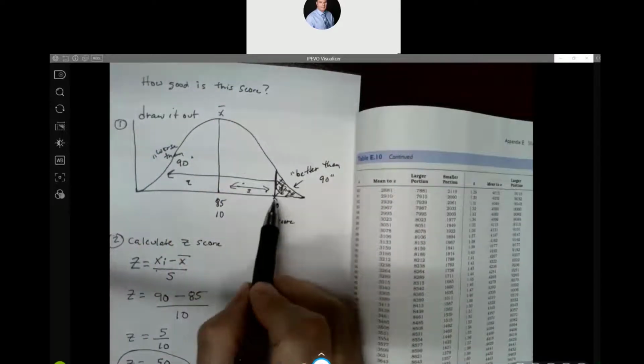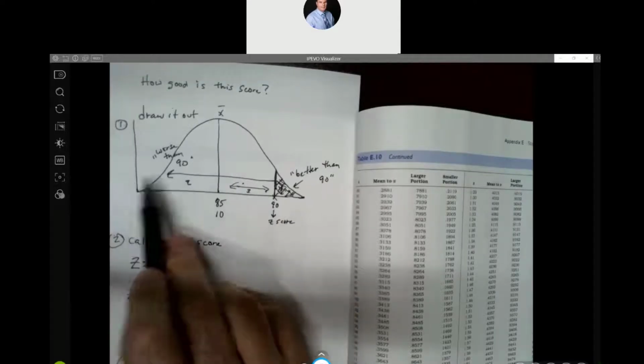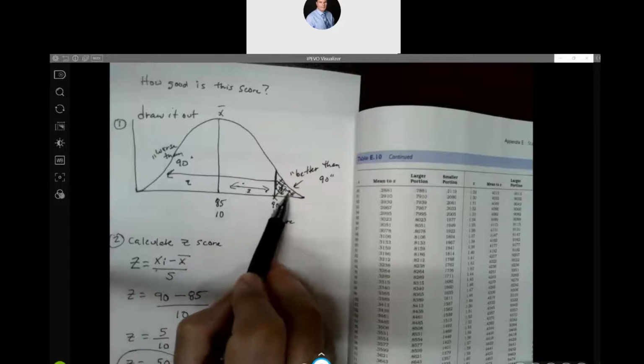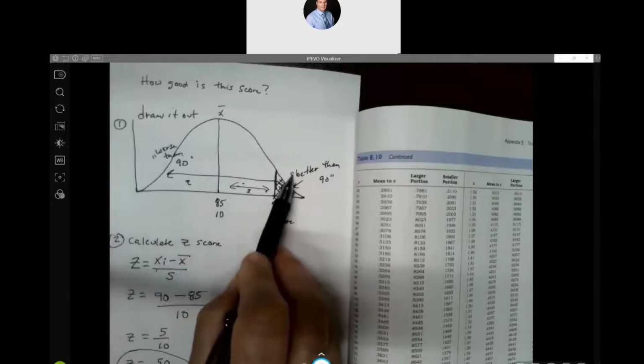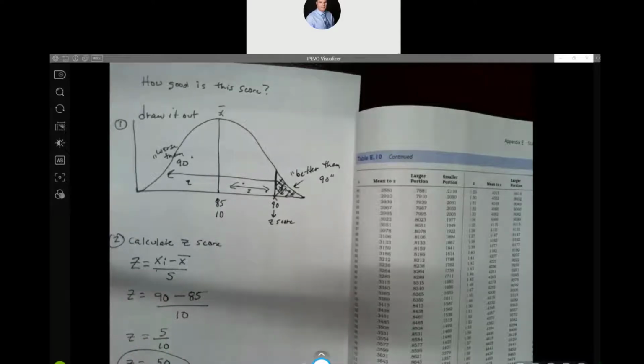So there are 3 areas that we could be interested in: the small portion, the large portion, or mean to z. We're interested in the scores that are better than Marlene's. So in this case we're going to look up the small portion.